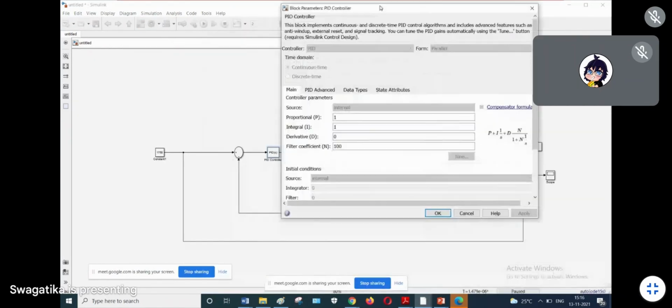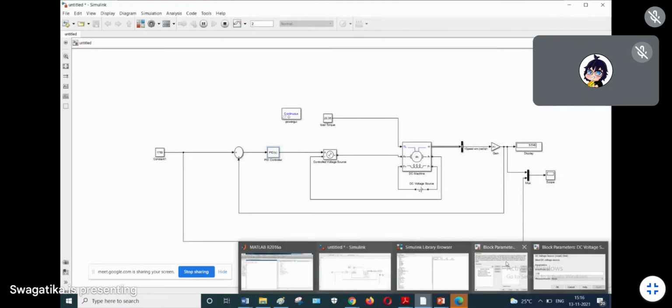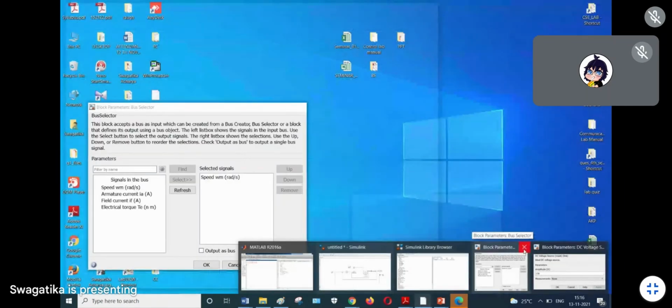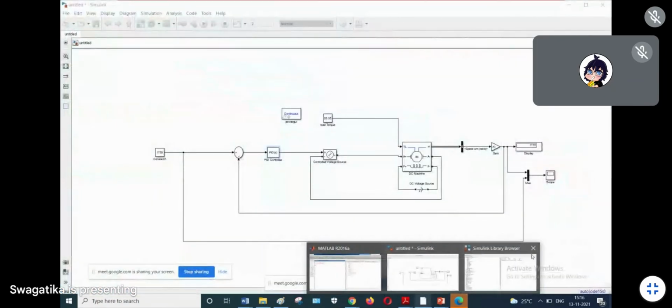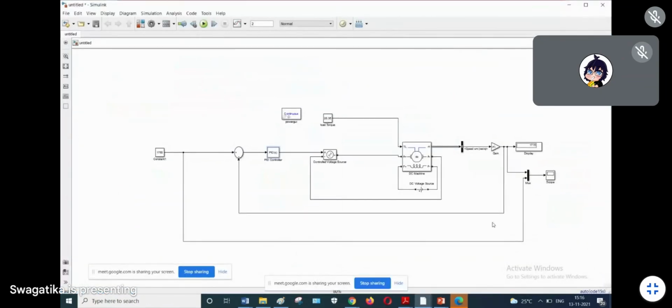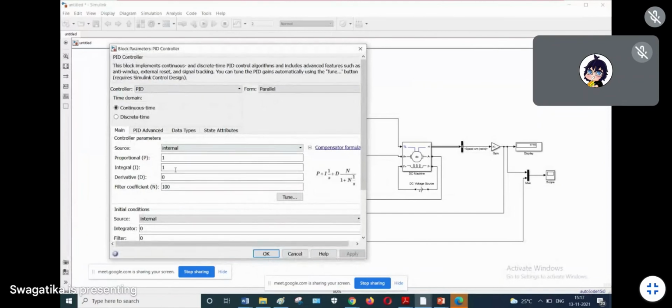See, there is a tune option available here. With these values, only the PI value is there, at coefficient 100, and I am getting 1715.